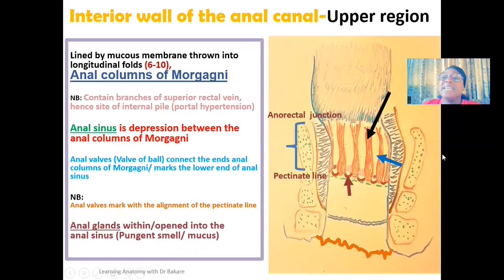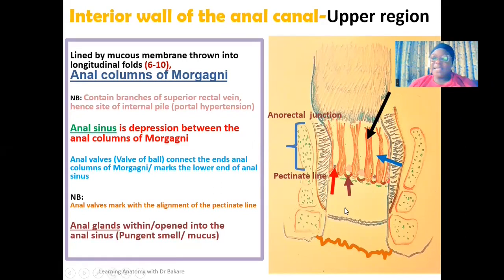We also have the anal glands. We already established what the anal glands do in our previous slide. The anal glands are rudimentary in humans, but are well developed in other mammals such as dogs. We said that they produce a pungent fluid that helps to mark their territory.